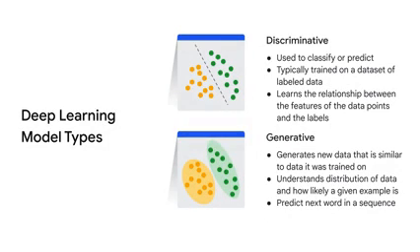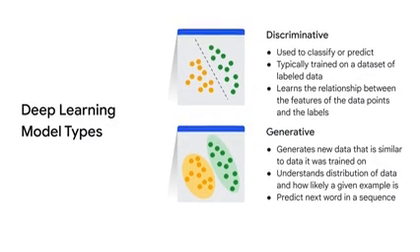Once a discriminative model is trained, it can be used to predict the label for new data points. A generative model generates new data instances based on a learned probability distribution of existing data. Thus, generative models generate new content.